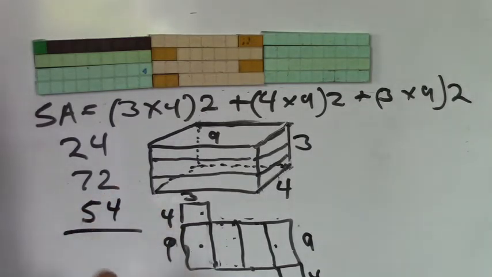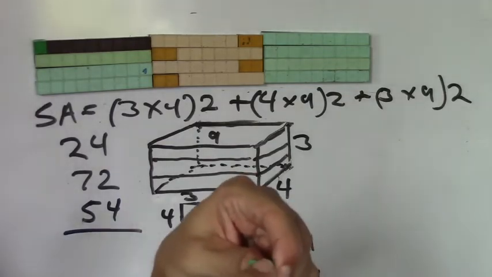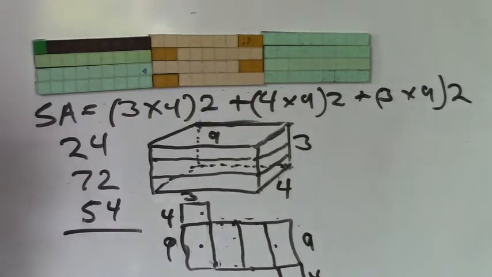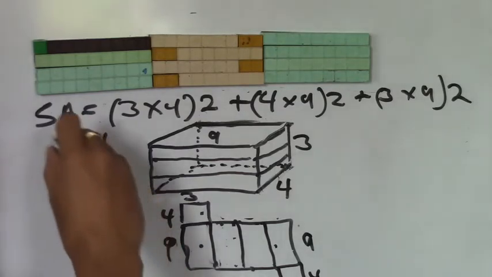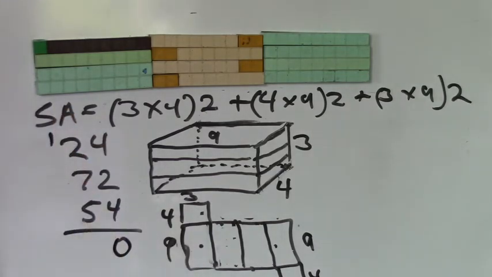So what's my total surface area? If I was going to count all of these all the way around my box. 148. Hold on. No, 150. It's going to be a 0, isn't it? 2 4s and a 2.